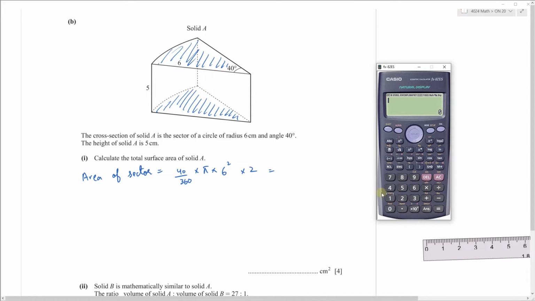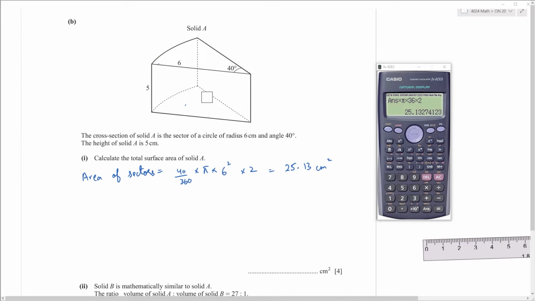So this is pi multiplied by 6 squared, which is 36, multiplied by 2, giving 25.132. So I can write it as 25.13 centimeters squared. Now we have calculated the top and bottom.